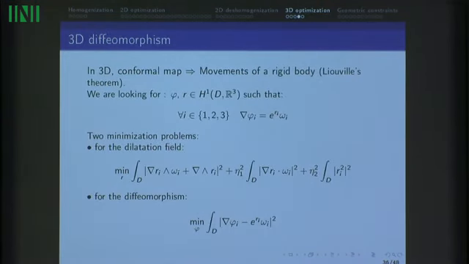When we have our regularized orientation, we want to compute a diffeomorphism as previously. The problem is that in 3D, if we consider conformal maps, we will consider very few transformations, mainly movements of a rigid body and some tricky other ones, so it's not enough. We have to relax this constraint.